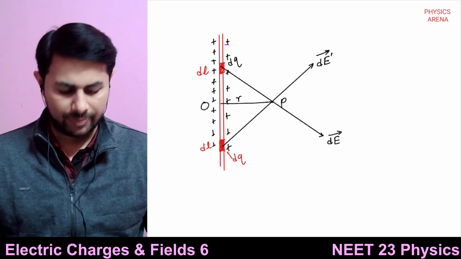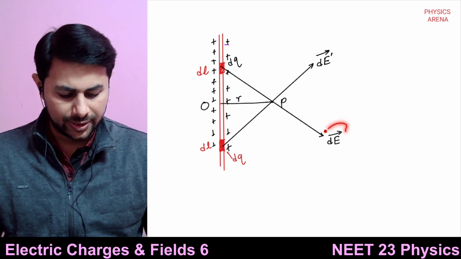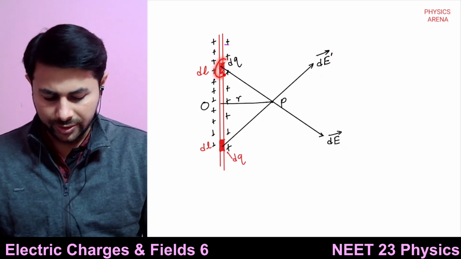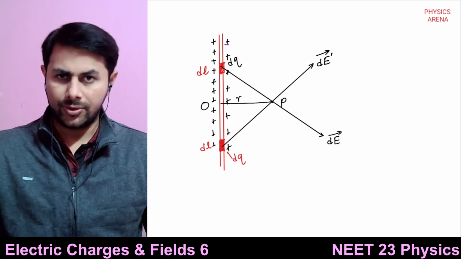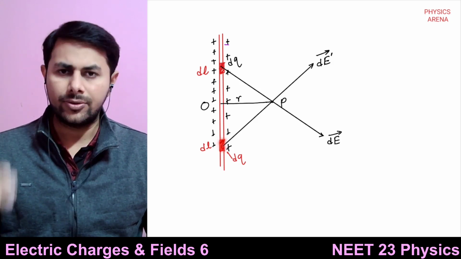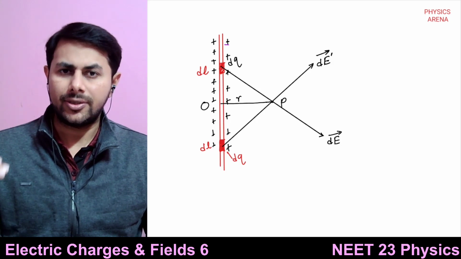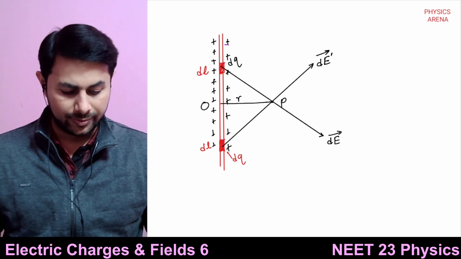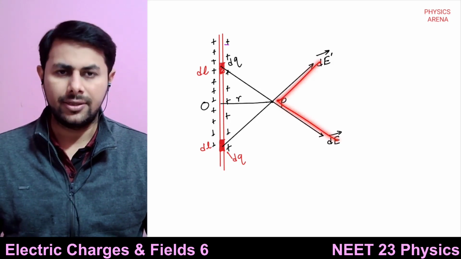Now what will happen? If we consider this electric field due to this length element above the point O at a certain distance, and the electric field due to this length element below the point O at the same distance, then they are directed like this.